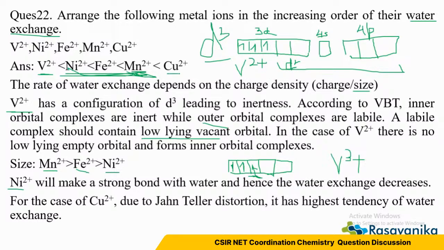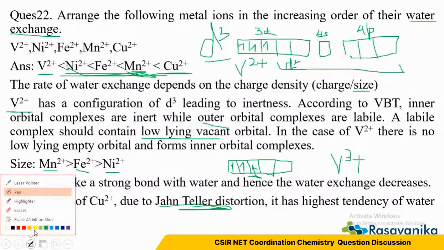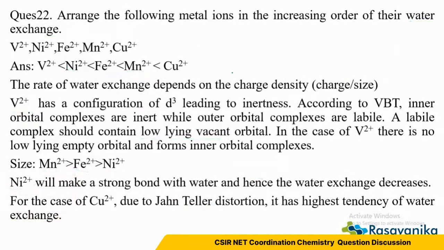Now, talking about Jahn-Teller distortion. This is important. You cannot miss this topic. So for the case of copper 2 plus, due to Jahn-Teller distortion, it has the highest tendency of water exchange. So if I talk about the Jahn-Teller distortion, copper 2 plus is d9 configuration, right?